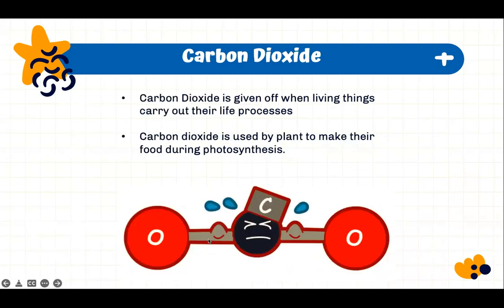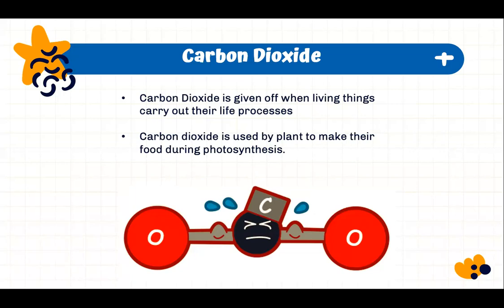Next, we have carbon dioxide. Its formula is CO2. Carbon dioxide is given off when all living things carry out respiration. Also, carbon dioxide is used by plants to make their food during photosynthesis.